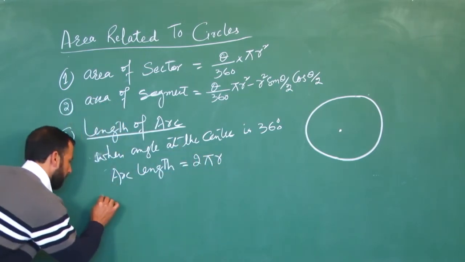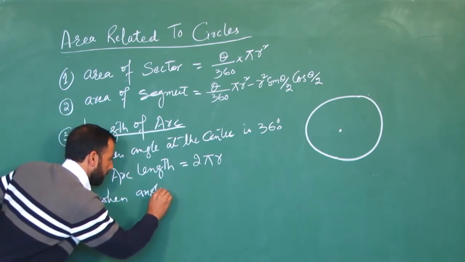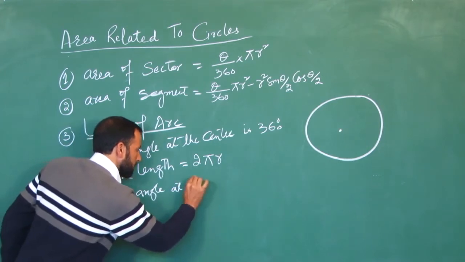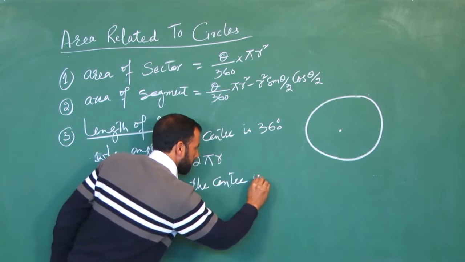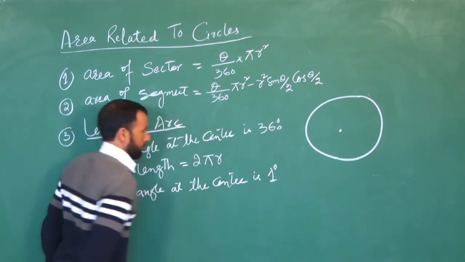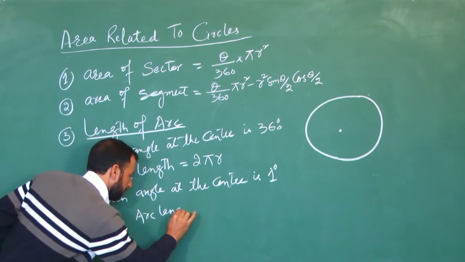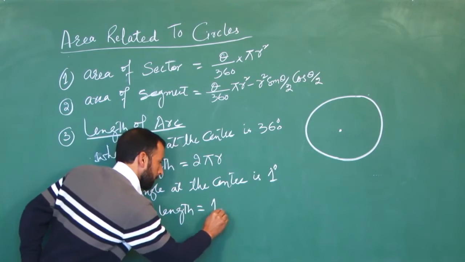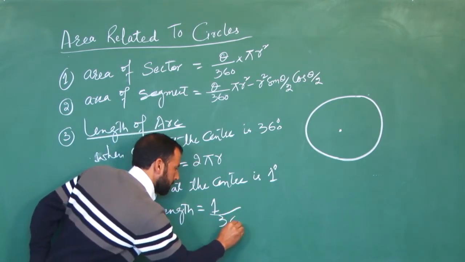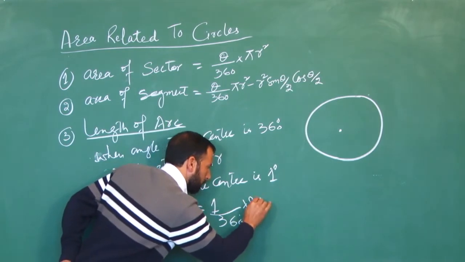Now next, when the angle at the center is 1 degree, then the arc length is equal to 1 divided by the complete angle, 360, into the circumference, that is 2 pi r.